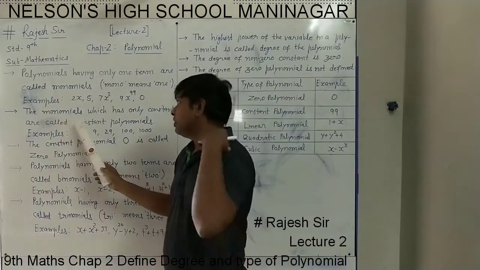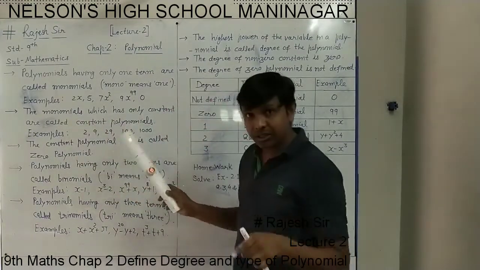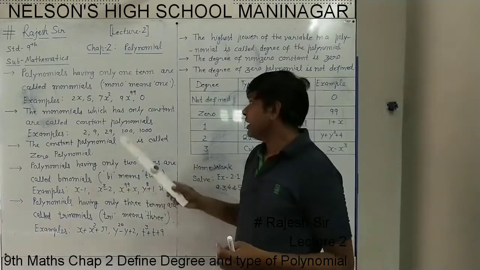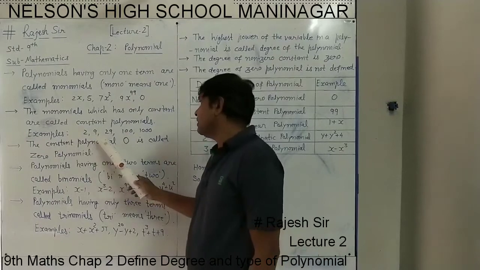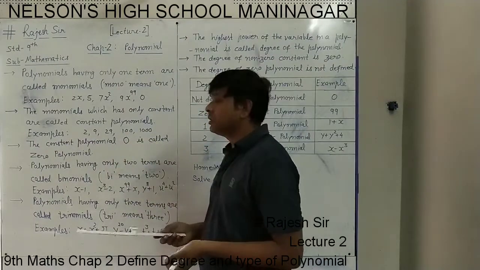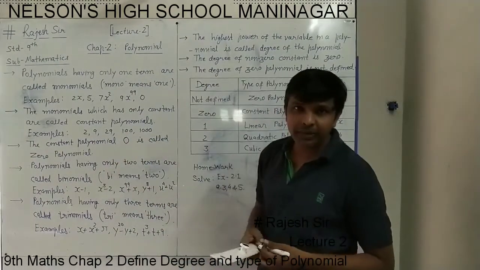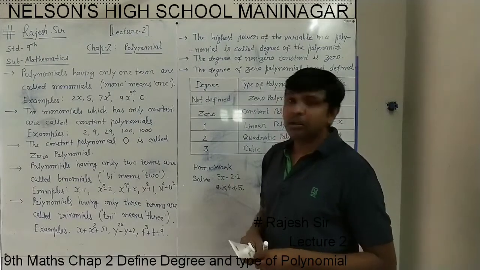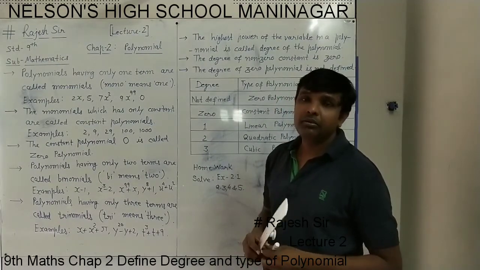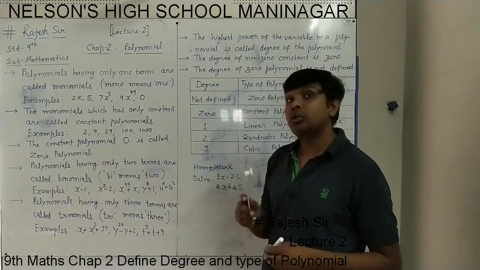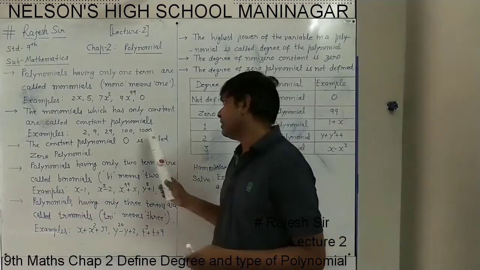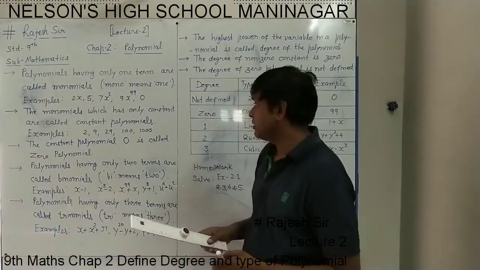So if a monomial has only a constant, no variable with it, then it is called a constant polynomial, and examples are 2, 9, 29, 100 and any real number we can say. Any real number with no variable given, we can consider as a monomial, and that monomial is a constant polynomial. In that category it comes.